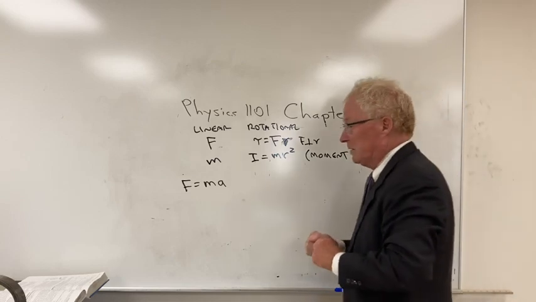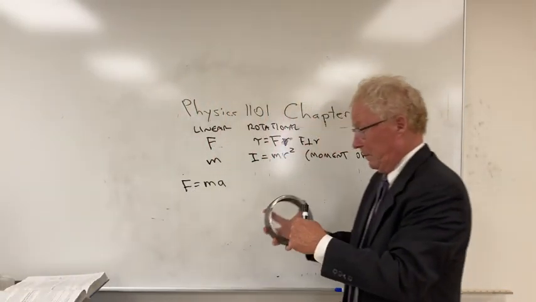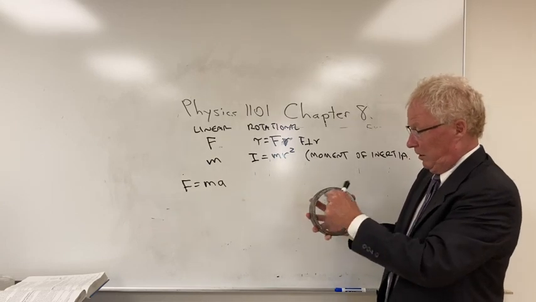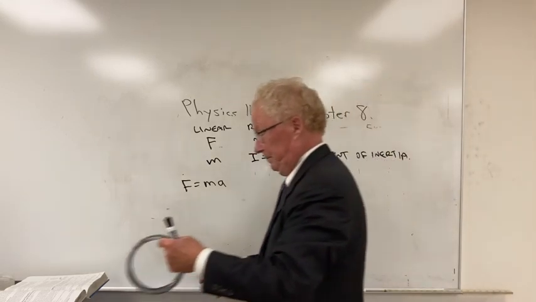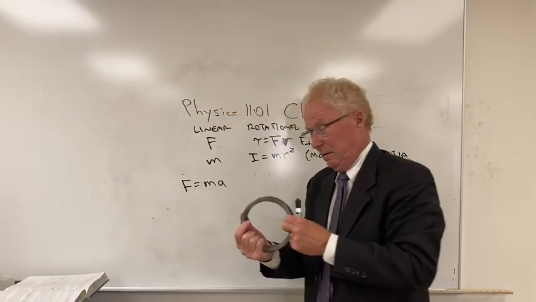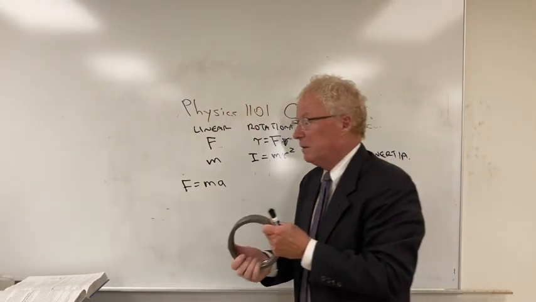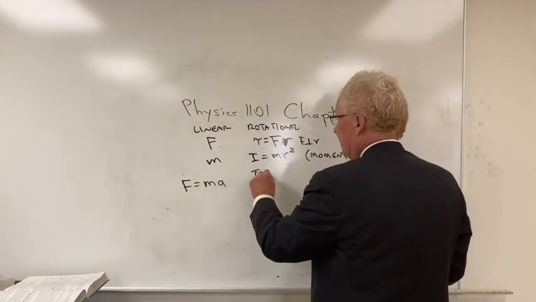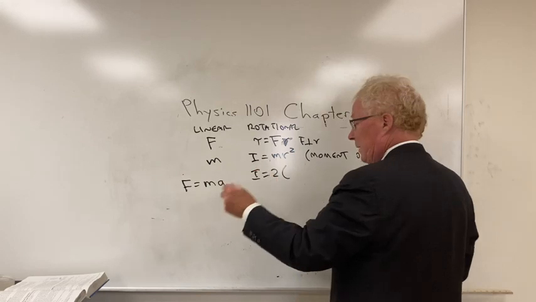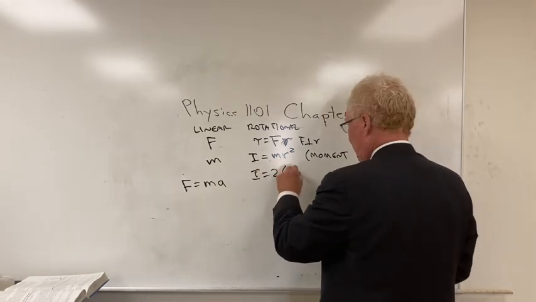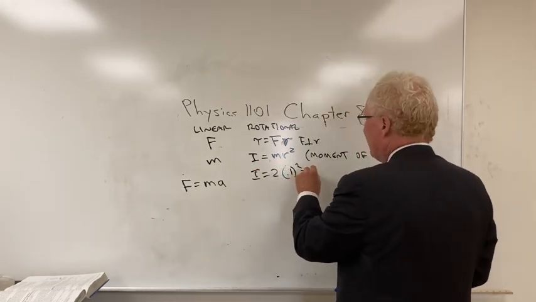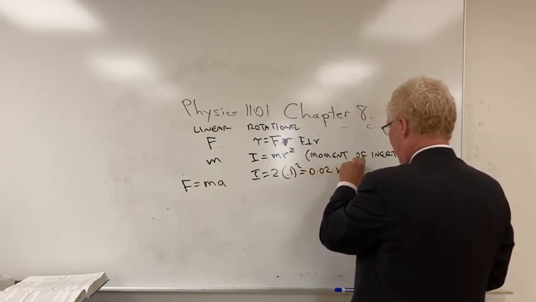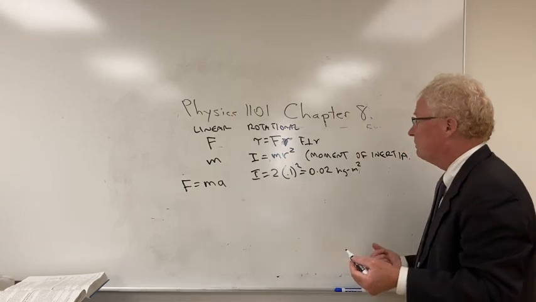And this means, like for a ring, say this ring is 10 centimeters in radius and it weighs 2 kilograms, then the moment of inertia would be 2 times how far? 0.1 squared, which would be 0.02 kilograms meters squared. So that's the units of moment of inertia.